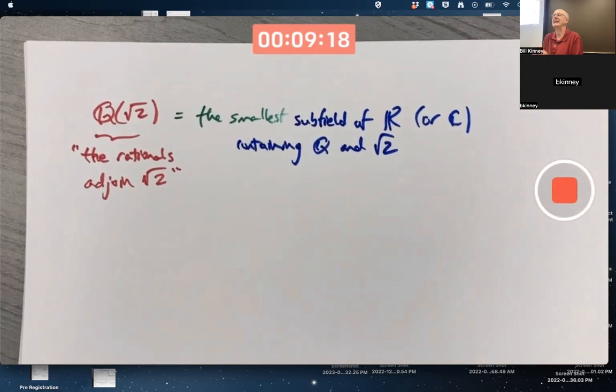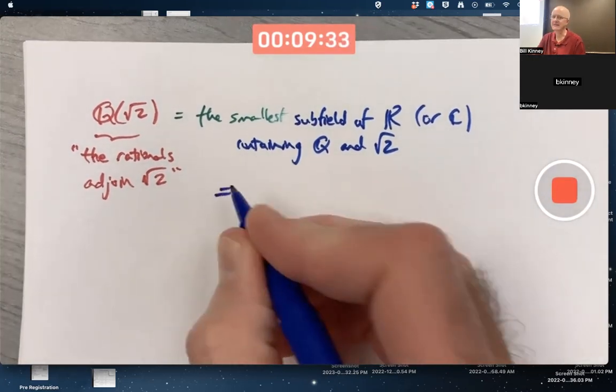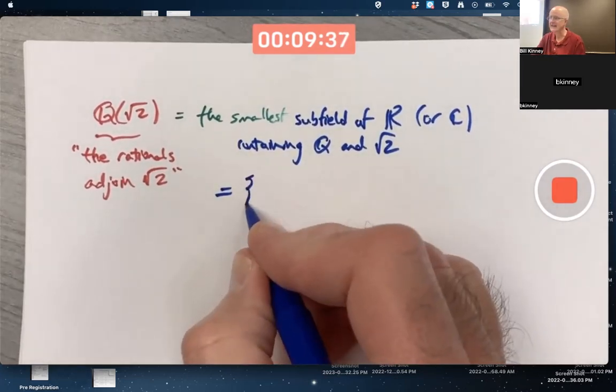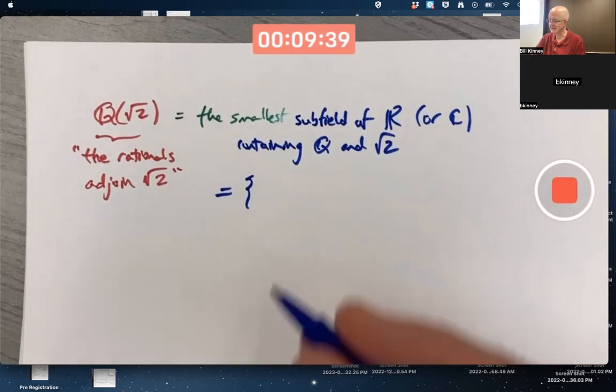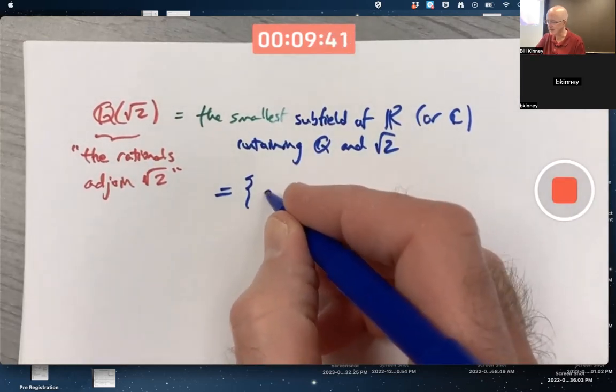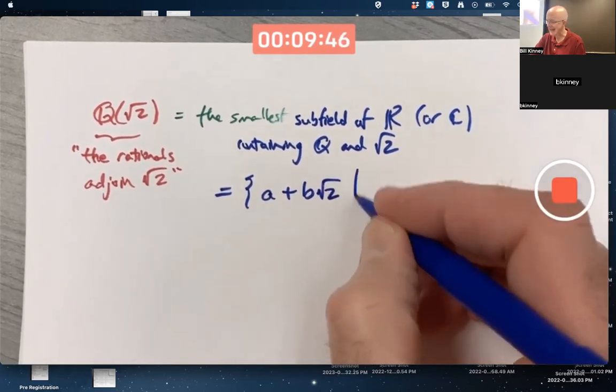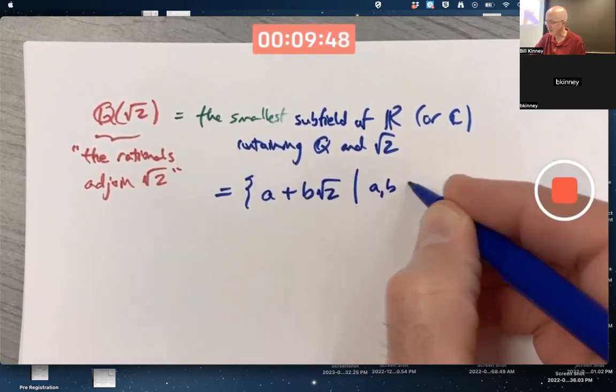But that does not mean that this field is all the rationals and then just square root of 2. It does not mean that. Okay. Without proof, what I'm about to write takes proof. But without proof, I'm just going to say you can describe this set as the set of all numbers of the form a plus b times the square root of 2 as a and b vary over the rationals.